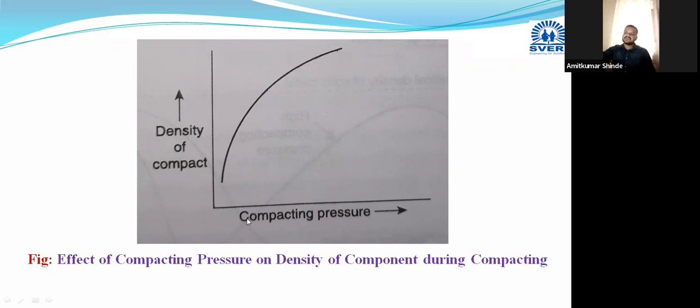As we gradually increase the compacting pressure, the density of the green compact obtained at the end of the compacting stage gradually increases. This is the effect of compacting pressure on the density.